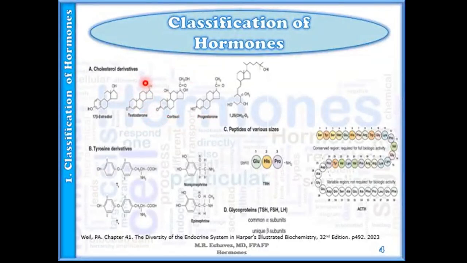Testosterone has 19, and estradiol has 18. You will see that the A, B, C, and D rings of cholesterol are preserved. The difference would be in the functional groups that are attached to these molecules. So addition of different functional groups would lead to a different activity.